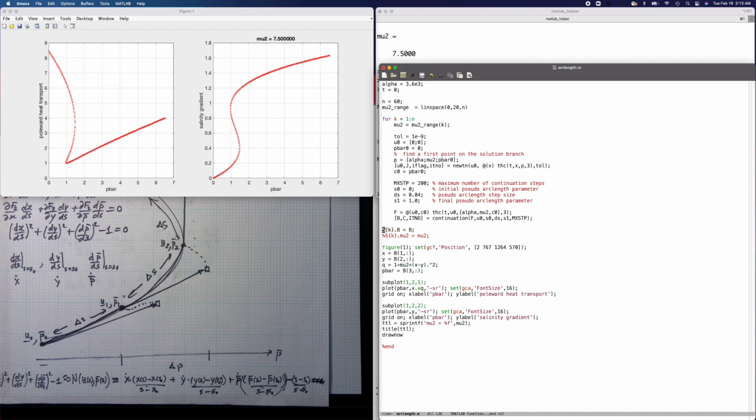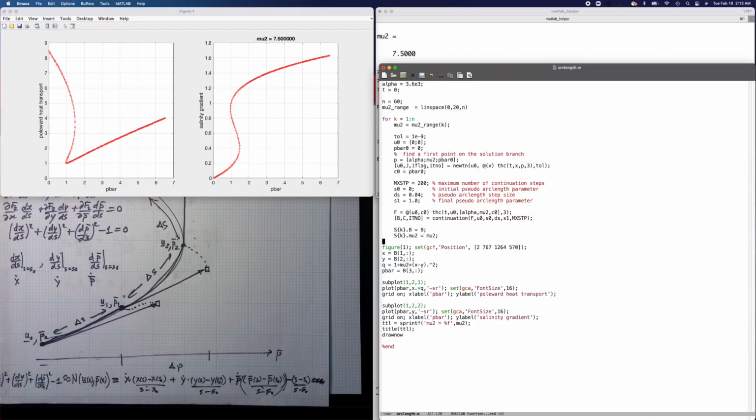And then I'm going to save the solution from each of these continuations. So I prescribe mu2, and then I'm going to do a continuation with respect to p bar to find the solution for a whole range of p bars. Then I'm going to increase mu2 and do another range of p bar solutions. And then we can plot the solutions as we go. And then save everything. So let me run it.